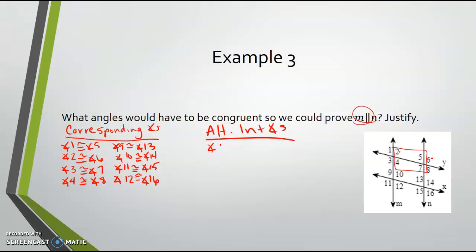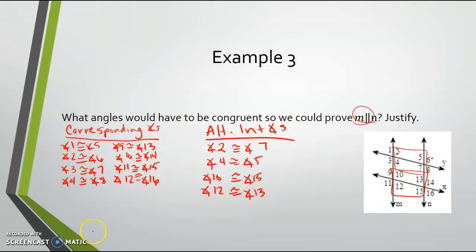So angle 2 would pair with angle 7, and angle 4 would pair with angle 5, and then coming down here, we're looking at 10, 12, 13, and 15. So angle 10 is alternate with angle 15. And angle 12 is alternate with angle 13.